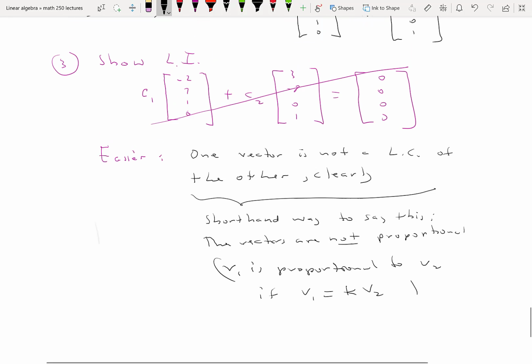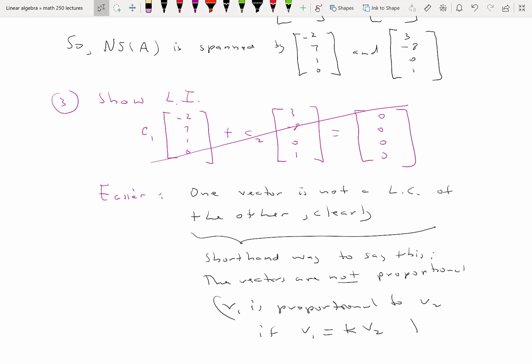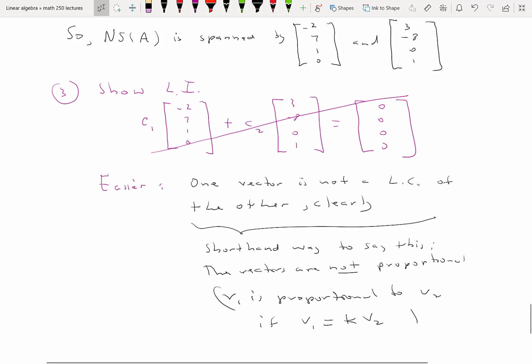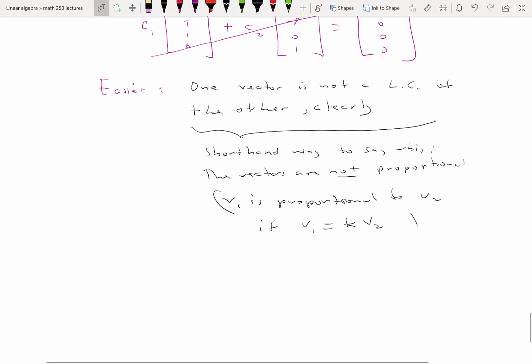And you're allowed to use this. You could show linear independence by setting up the linear independence equation and showing that the constants are 0. That's a monumental waste of time, since you could just observe the 2 vectors are not proportional. So the vectors are linearly independent.